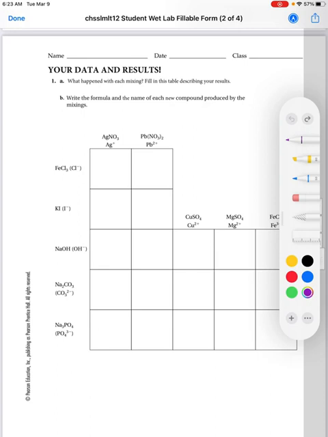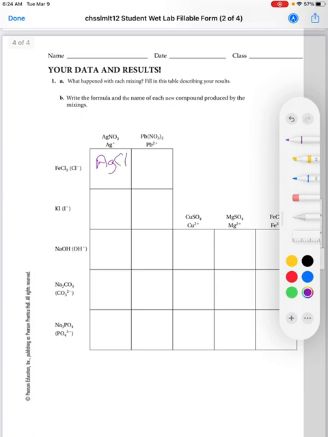When I mix silver nitrate with iron chloride, I make silver chloride. When we look at what that precipitate looked like, it was an off-white precipitate, and we made a compound, silver chloride, AgCl.